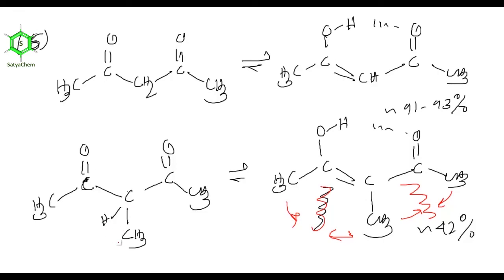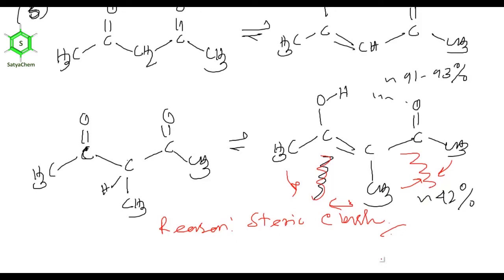Clear? So this is one of the unique examples where steric effect plays a crucial role in enol content in tautomerism. Clear? So the reason is steric clash. I'll show you later, don't worry.